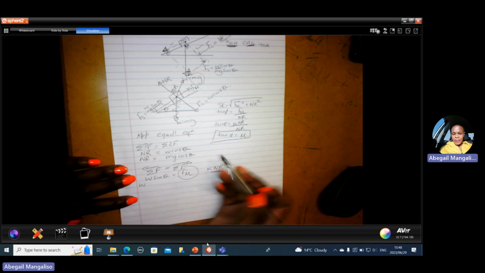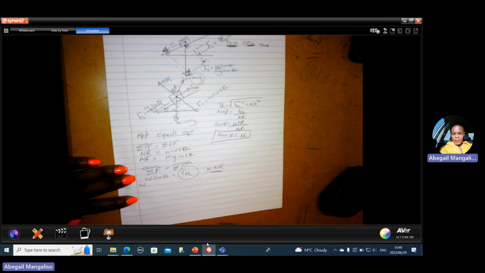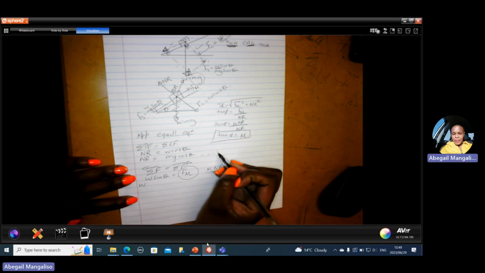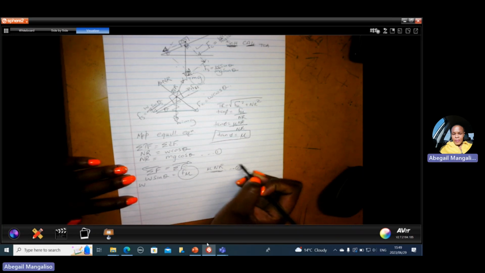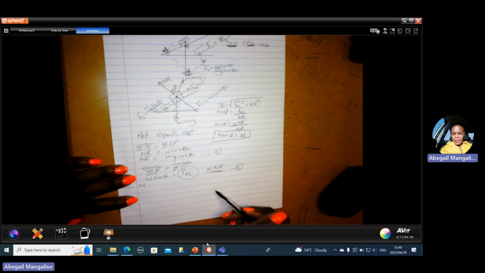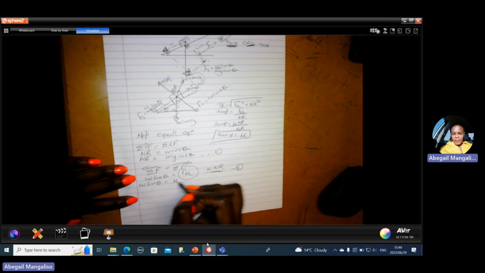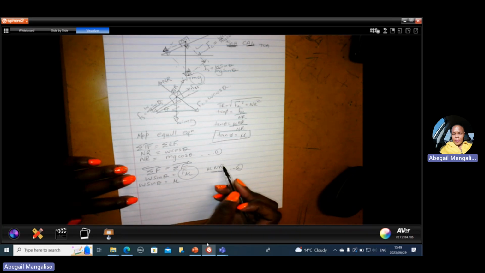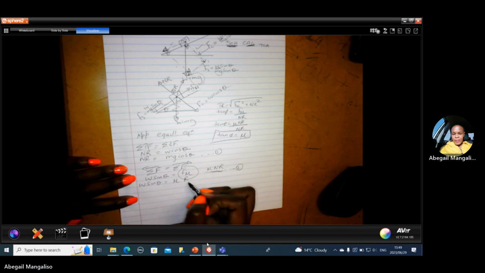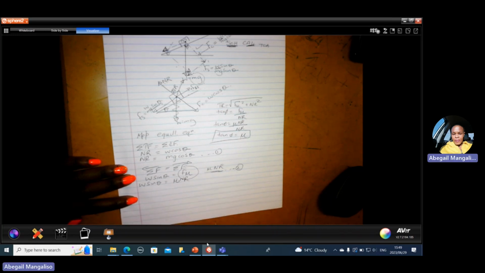So where there is friction, we put mu times normal force. This W sine, that means we are putting these two equations together. This is equation 1, and this is equation 2: the equation of the vertical and the equation of the horizontal. So W sine of theta will be equal to the coefficient of friction multiplied by R, the normal reaction.